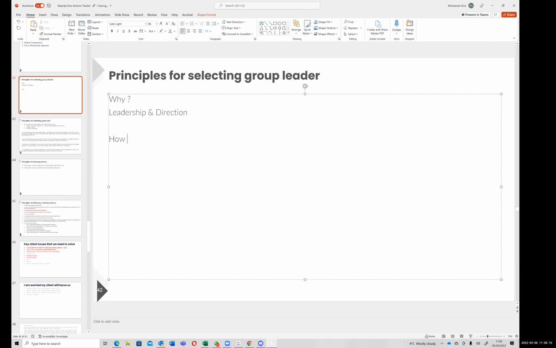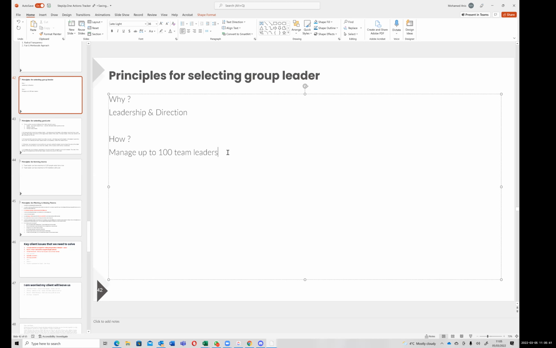How will this group leader manage up to, I don't know, 100 team leaders? That's a lot of them, actually. It's a lot to manage for anybody, but let's go with that.